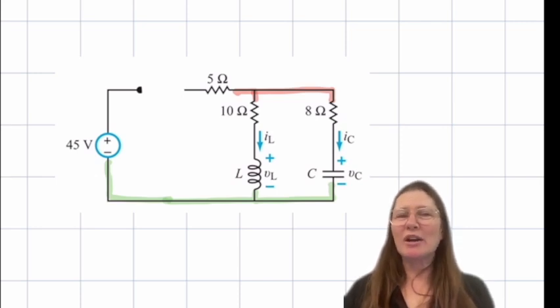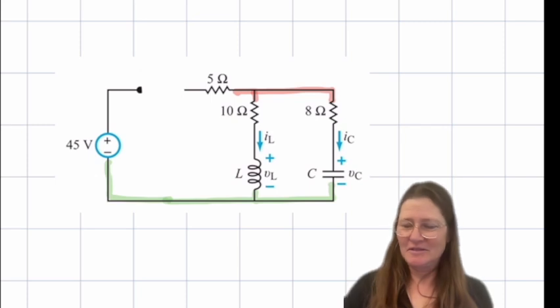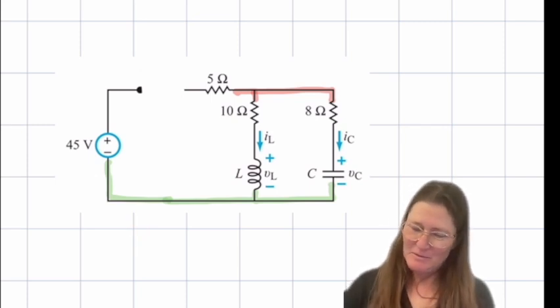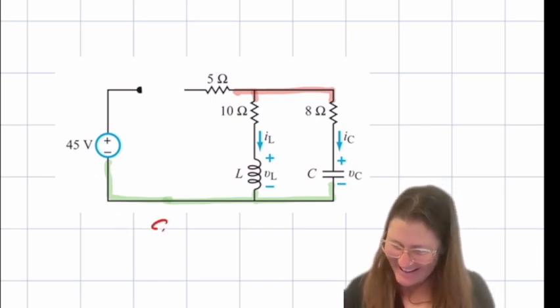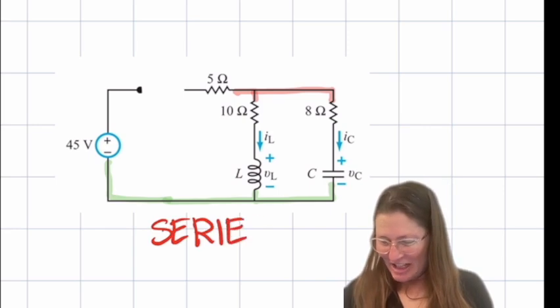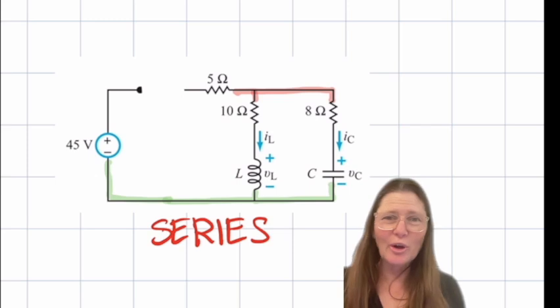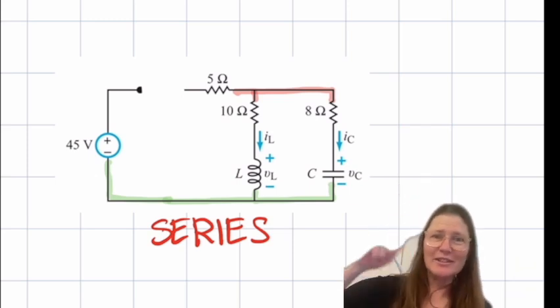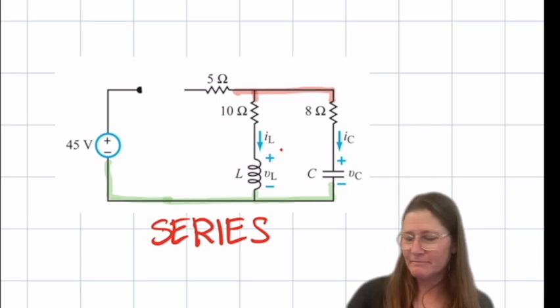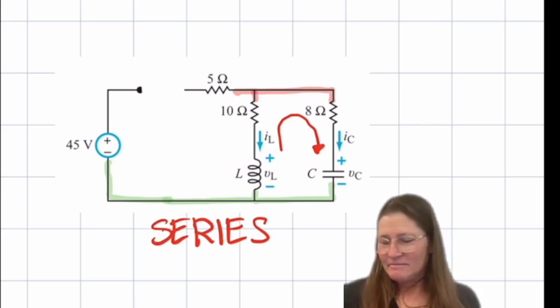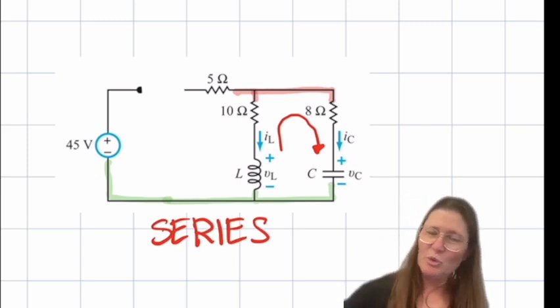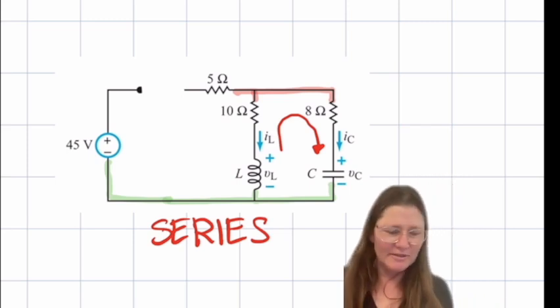So these would be parallel. Or sorry, no. Yeah, I have a little jet lag. Series. So with that not connected, they're just going to go through the same current. So only one current is flowing there. So that would be series.